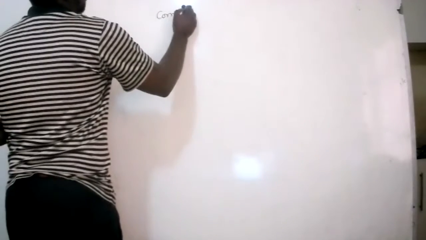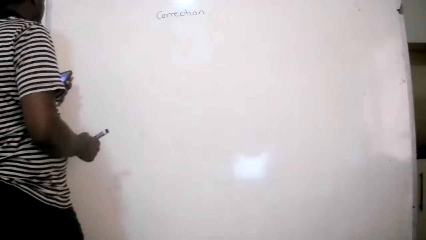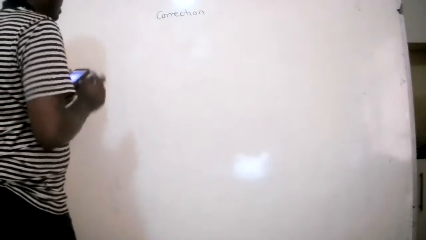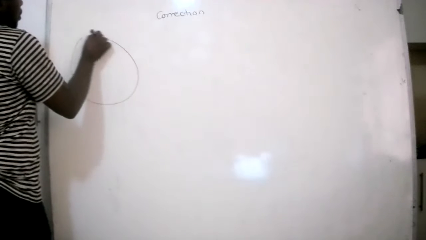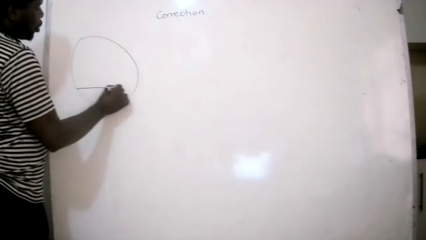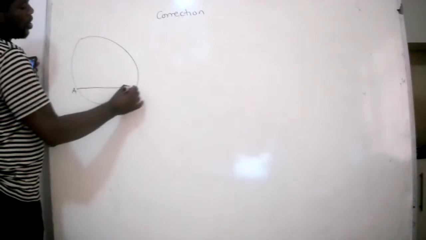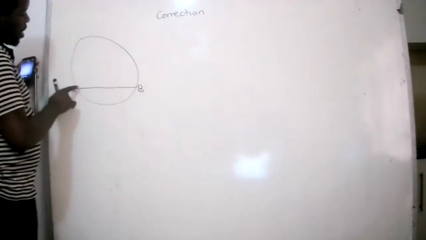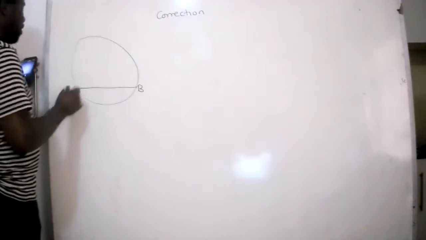So now I'll start by attending to the correction of the questions I gave you last time as homework. On the first question, we were given a circle, wherein we have a chord. A chord is a line that goes from the circumference to the circumference, and this line is not passing through the center of the circle.